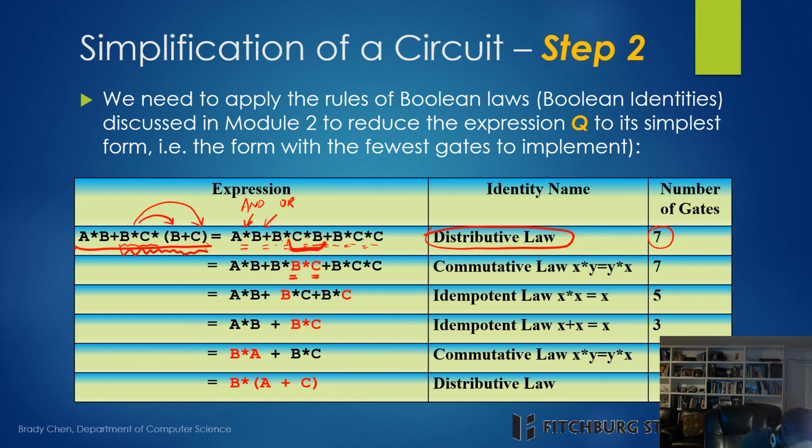We'll see. Why can we switch the order? Because when we switch the order, we still get the same result. So C times B is the same as B times C. That's based on the commutative law. So X times Y equals Y times X.